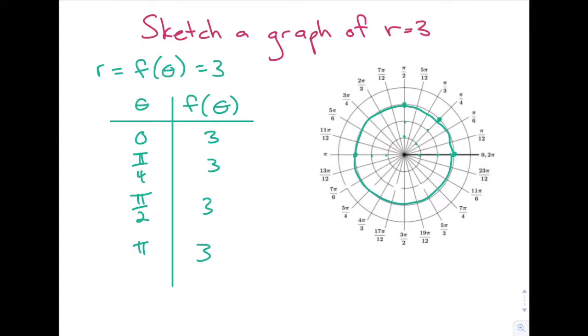That's much nicer than the equation x squared plus y squared equals 9, which is what the equation for a circle would be in rectangular coordinates. We can write it simply as r equals 3. So put that in the back of your head: if you ever see something that looks like r equals 3, you can identify that it would be a circle.